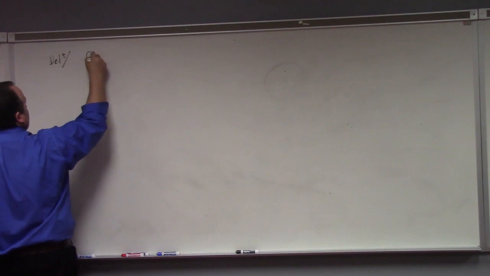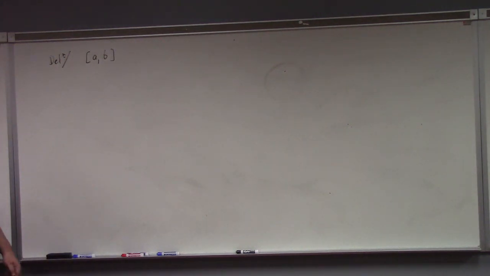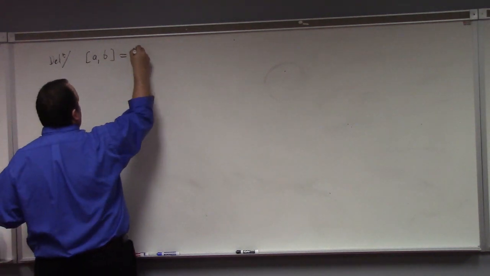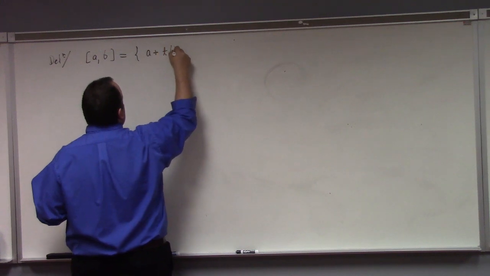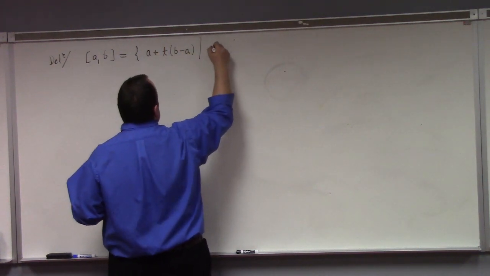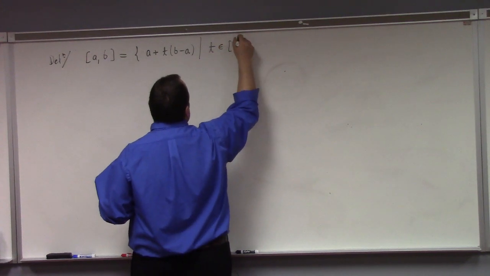So if we have, let's say, A to B. Now you thought that was the interval from A to B. I got news for you. This is the directed line segment from A to B. So this is A plus t times (B minus A), such that t is an element of [0, 1].